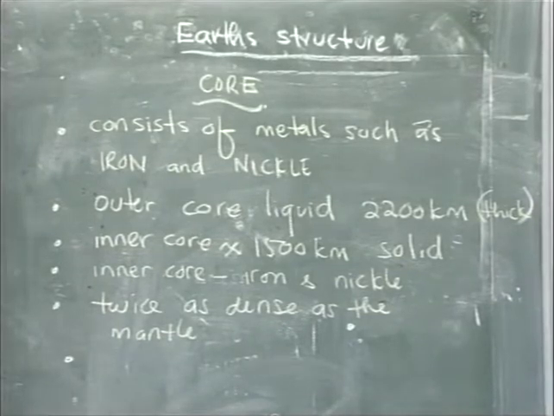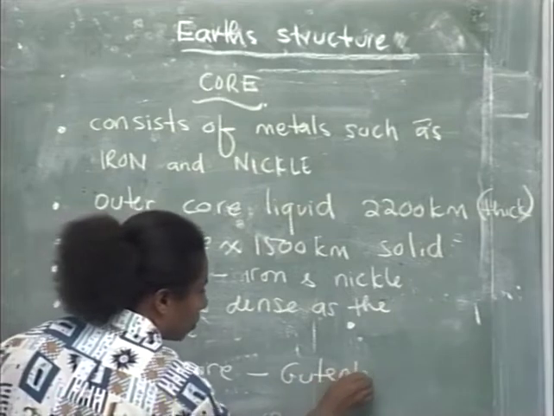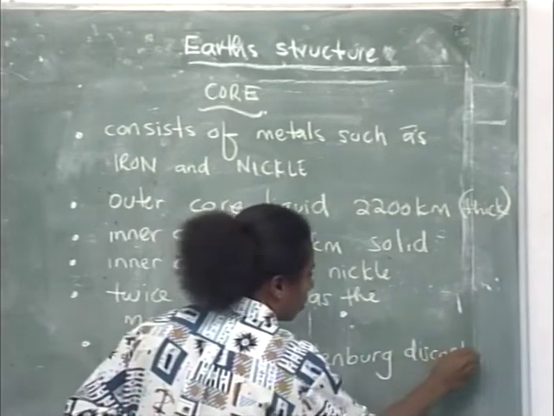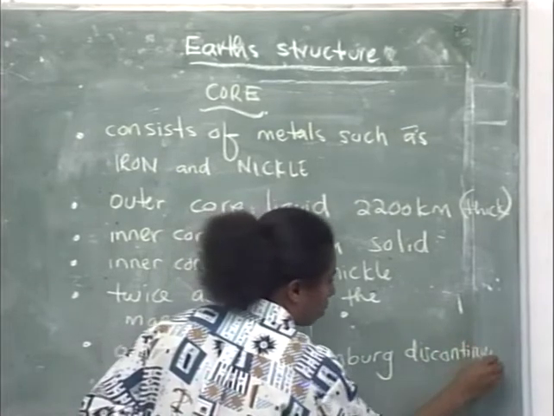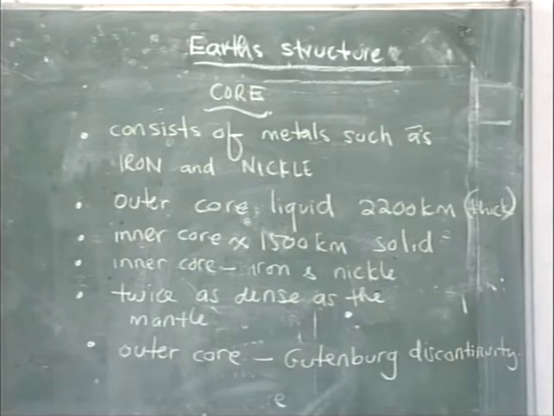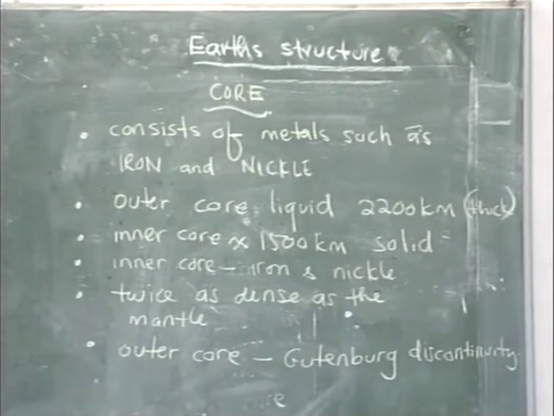Mason? The outer core, where some earthquake waves are absorbed, the Gutenberg discontinuity. Okay, good. Remember we did the mantle, and for the mantle we talked about the Moho discontinuity.